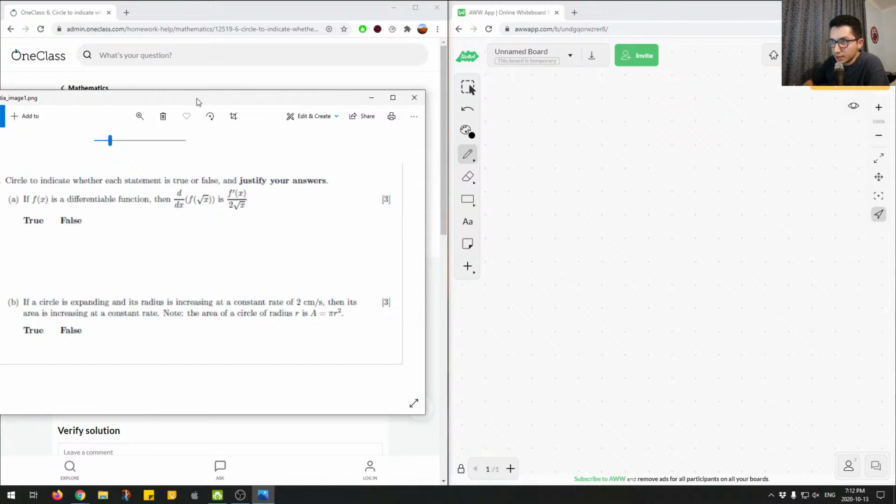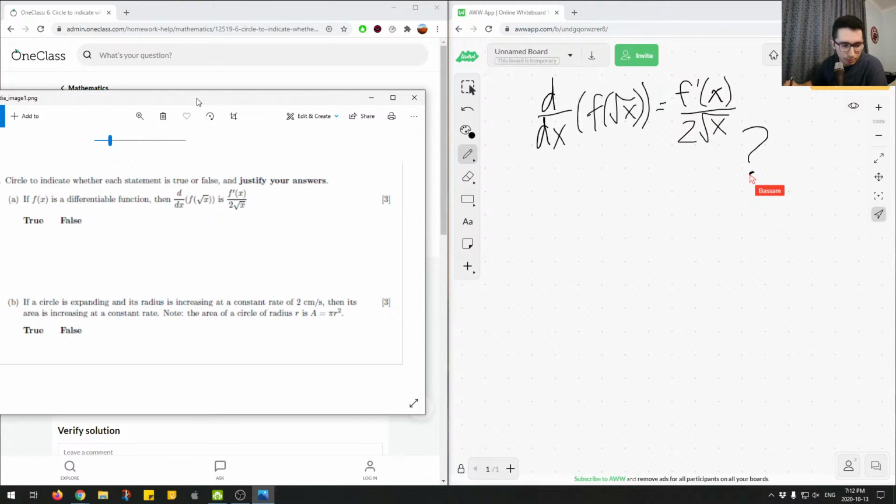So we're trying to see if this statement is true for f of x when it's a differentiable function. So does this equal f prime of x, so the derivative of f of x, divided by 2 square root of x? And we'll put a question mark. One way to think about this question is to define f of x as some function.